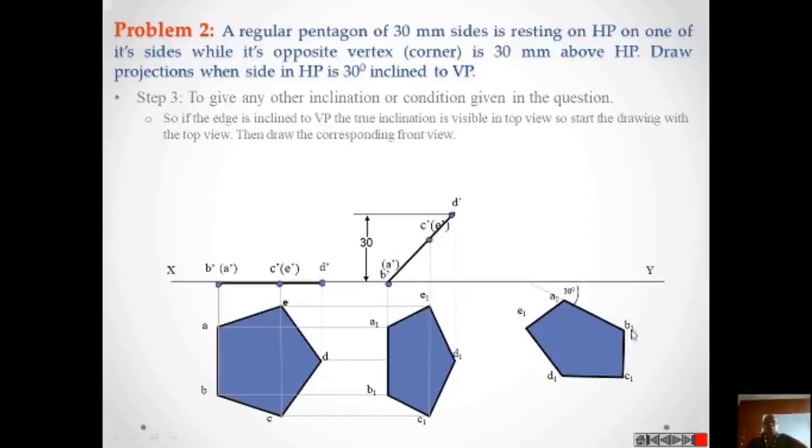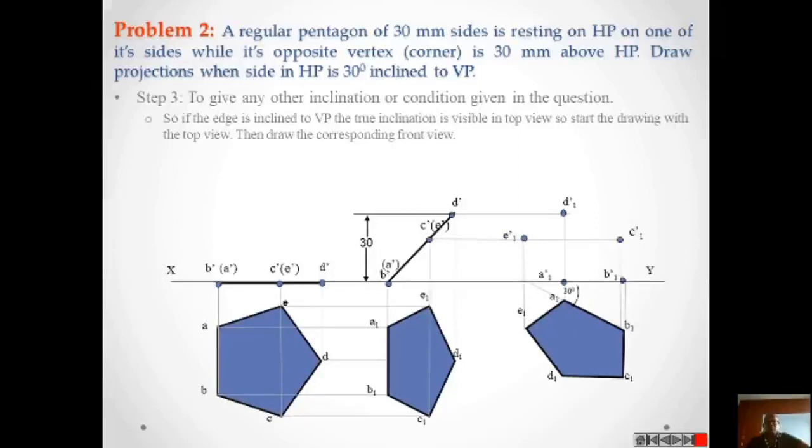After getting all these points, join them and you will get the same thing with the same dimensions, but the only difference is that here the edge is perpendicular to XY, while here this edge is at an angle of 30 degrees with XY. Now draw the projections from this top view and draw the locus lines from the previous front view and identify the intersection points.